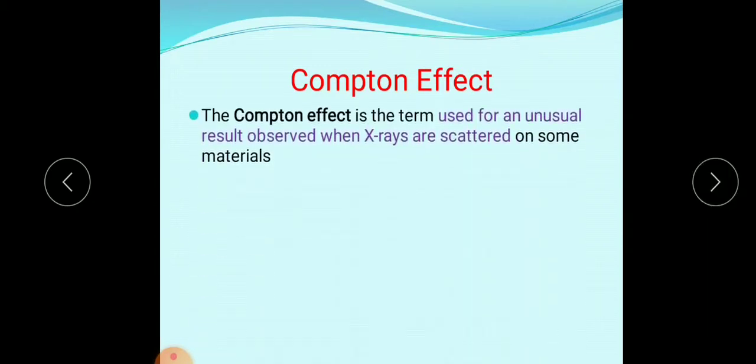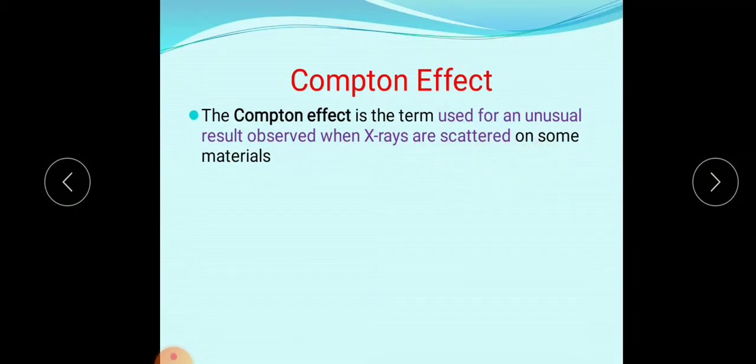Now we are going to see about the Compton effect. The Compton effect is the term used for an unusual result observed when X-rays are scattered on some material.